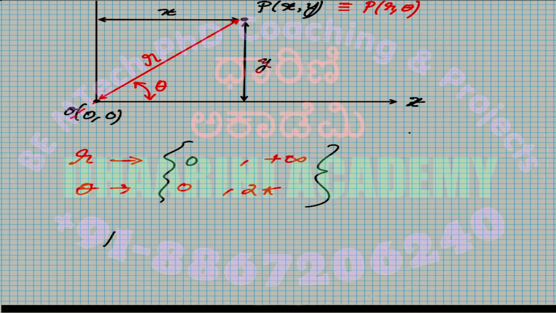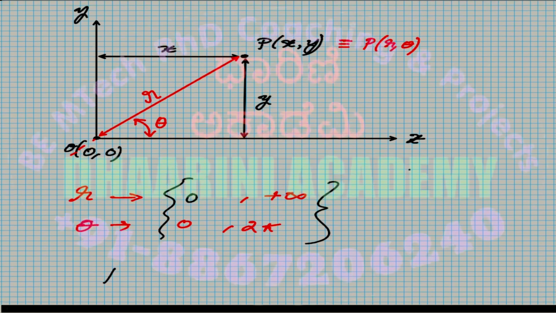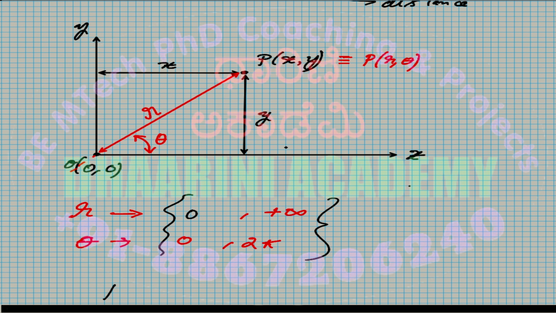Let's use this triangle. From the given diagram, can I write r is equal to, I want this distance r. Normally you say that this horizontal distance here is x and this is y, correct?